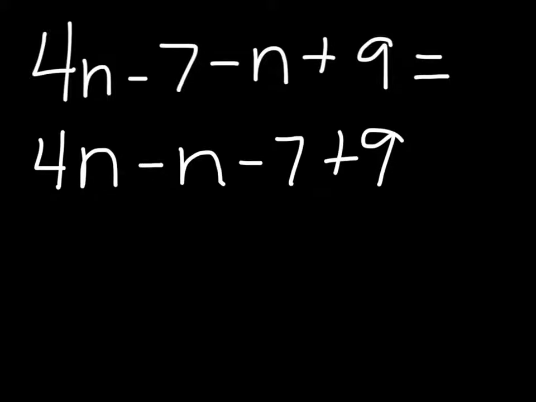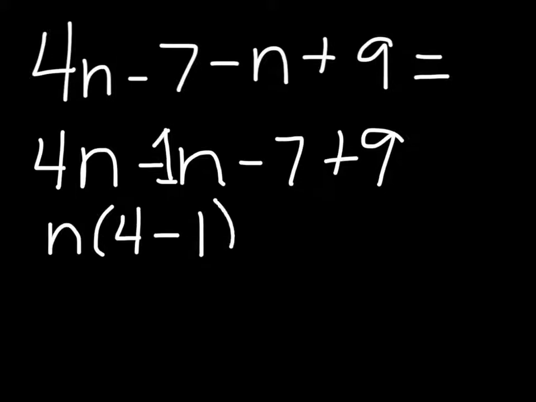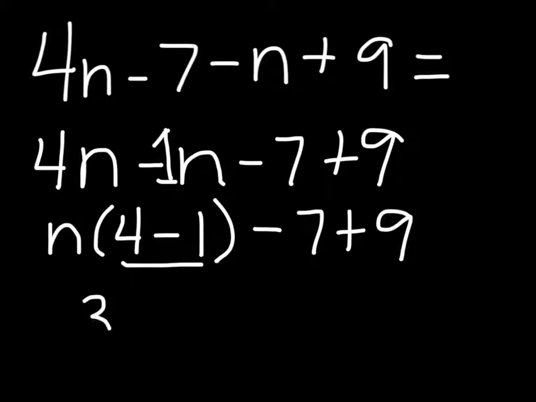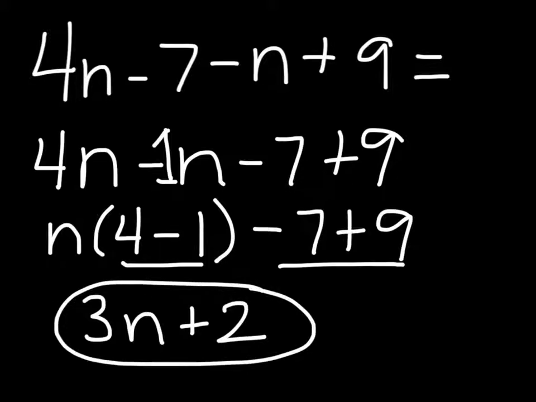Now I'm going to use the distributive property to help me combine my n's. So I'm going to pull out my n. Take 4 minus 1. Remember, in front of this n, there's a 1. Minus 7 plus 9. So that gives me, if I combine these, 3n. And let's combine negative 7 and 9. That gives us positive 2. And our simplified expression is 3n plus 2.